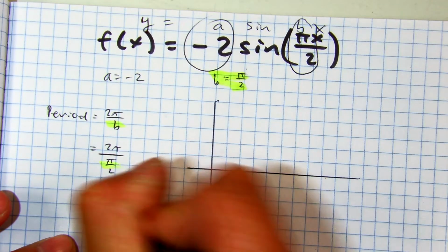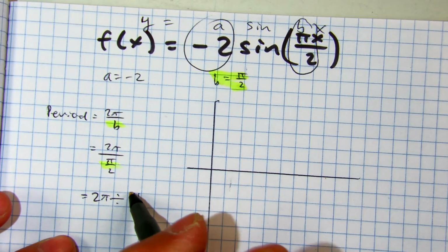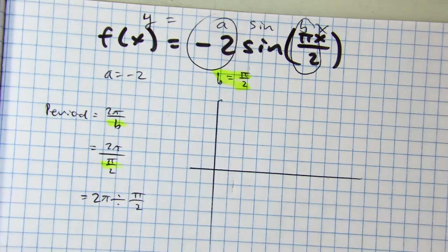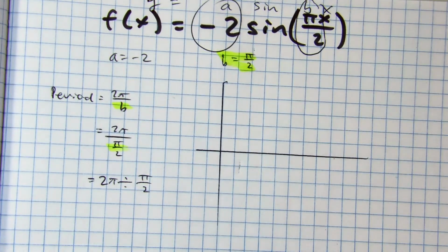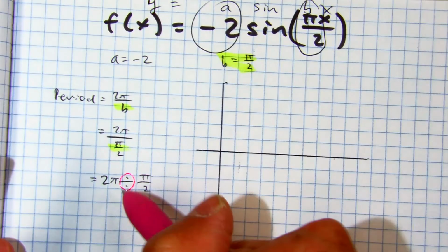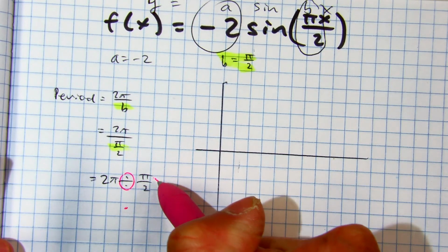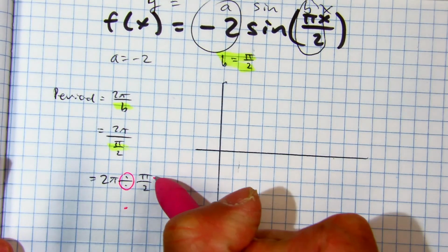We're going to turn this sideways. 2 pi divided by pi over 2. Erica, what happens here? This will turn into what? In here? 2 over pi.